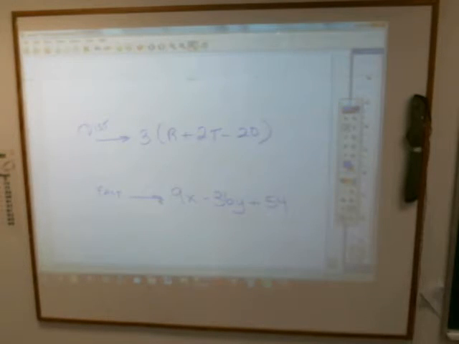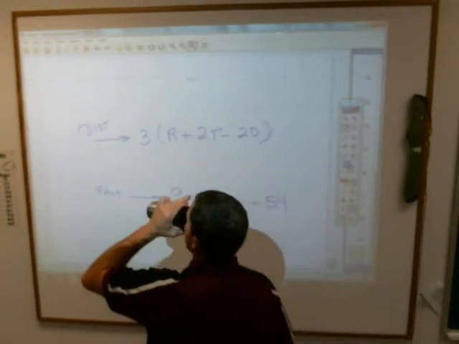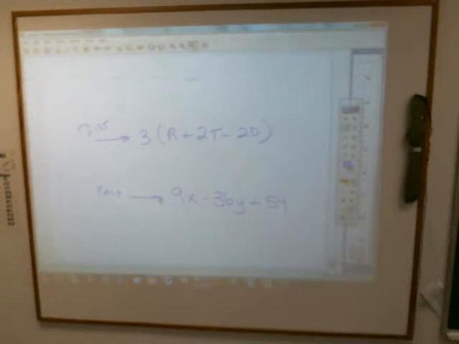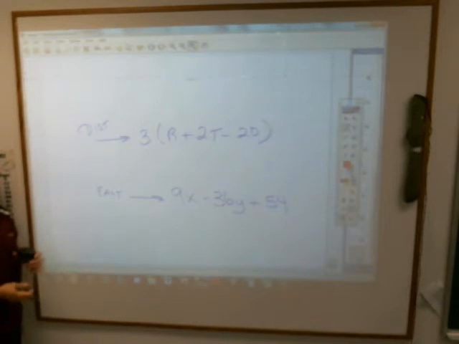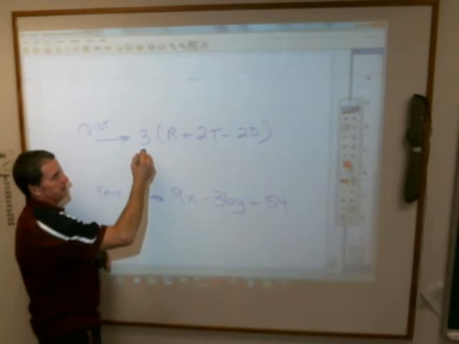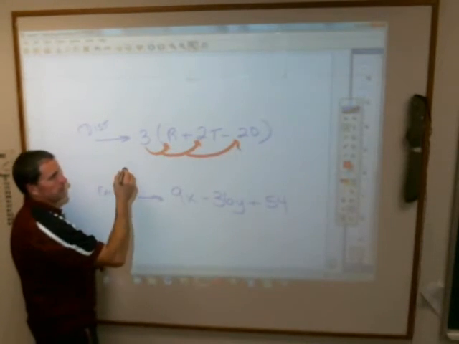And the lower part is what? Alright, for the top one, if you are distributing, Maddie Roth, I'm going to take 3 times all of those things and going to get what? 3r.